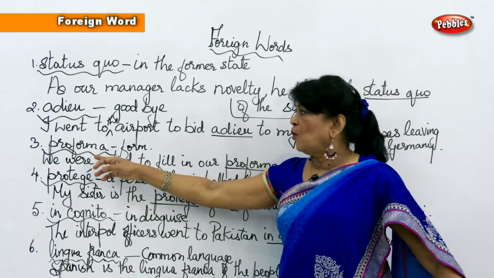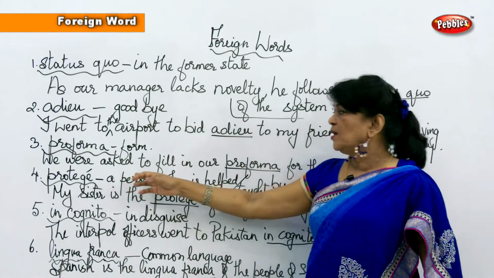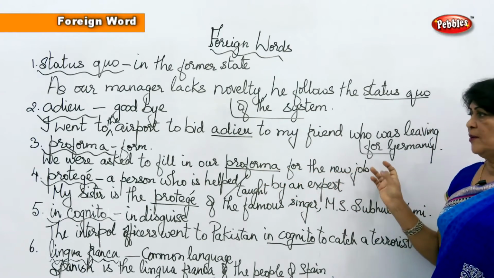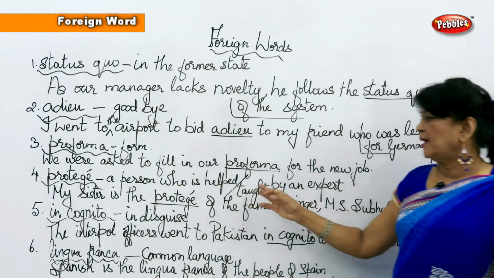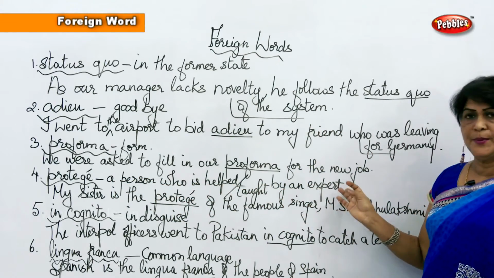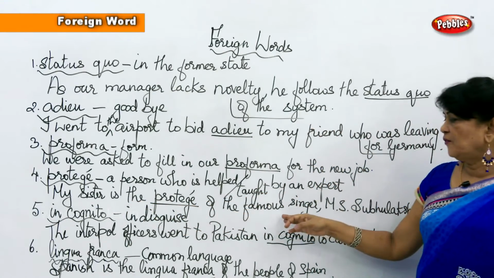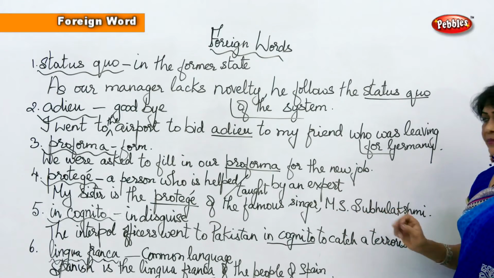Okay, au revoir. Both the words are French. Pro forma. Pro forma means form. We were asked to fill in our pro forma for the new job. Protégé, a person who is helped or taught by an expert. My sister is a protégé of the famous singer M.S. Subbulakshmi.